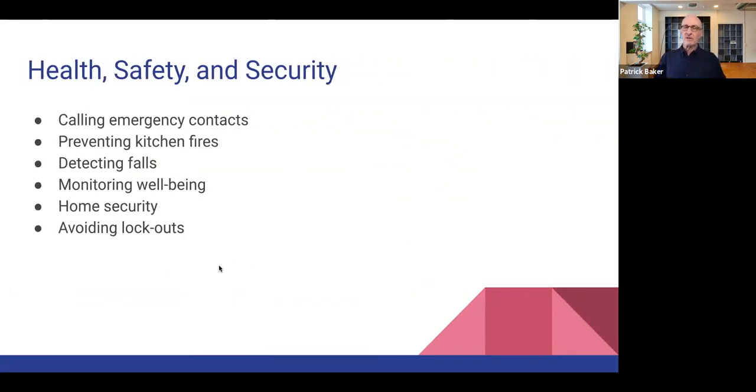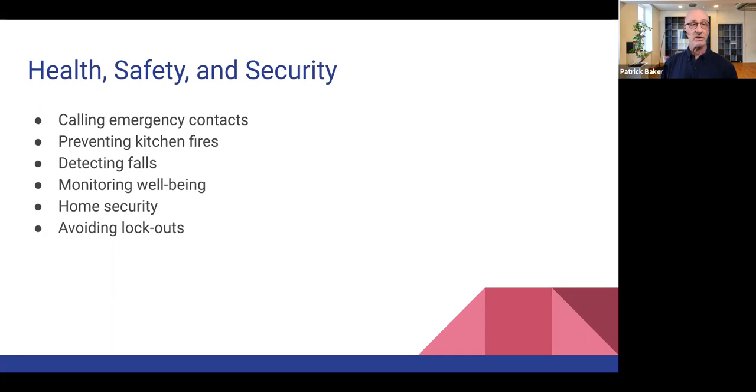What are some of the health, safety, and security tasks or purposes that these devices can do for us? Well, one thing, and I actually heard about an incident where this was used in action: calling emergency contacts. My father-in-law had a fall at his home recently.